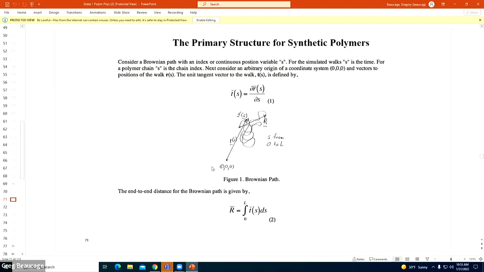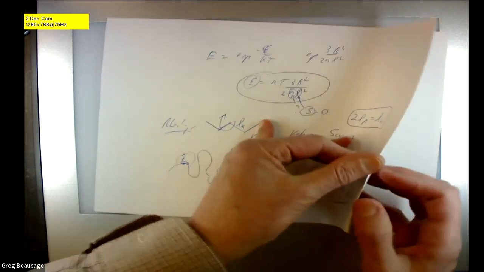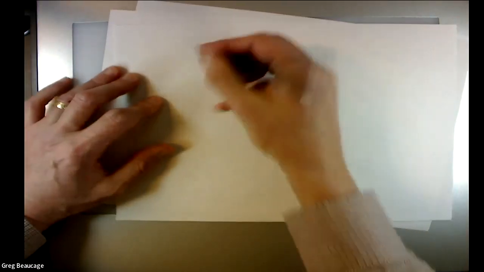If you want to know the end-to-end distance, integrate the tangents. Then you get something like a decay function. So I define a correlation function.